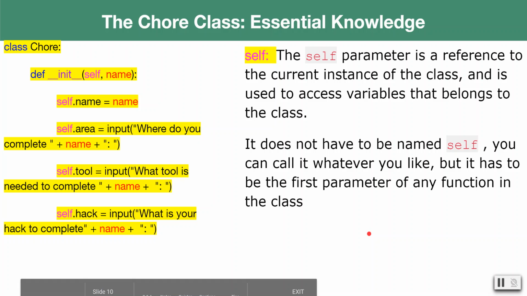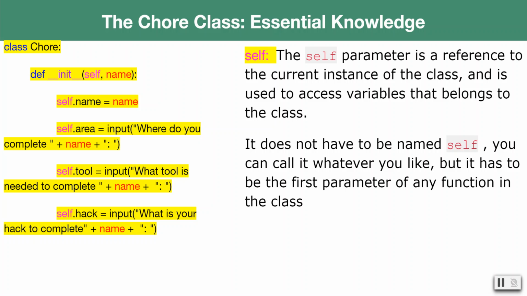All right, now self. The self parameter is a reference to the current instance of the class. So when we talk about parameter versus argument, before we're using them pretty much interchangeably, but this is kind of a key differentiator right here. An argument is something you put in as a user, and then the parameter is something that's already coded in.